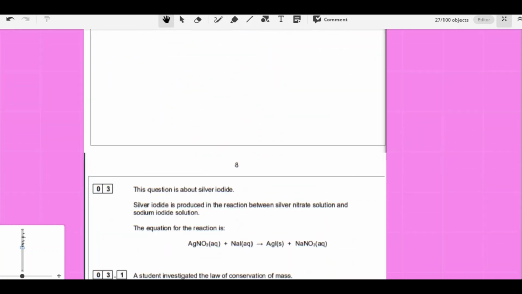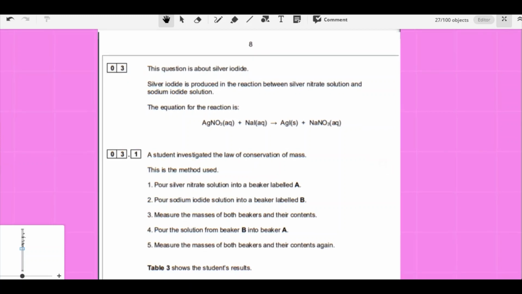Okay, now the next question, question number 3. This question is about silver iodide. You can see that silver iodide is the product. A double displacement reaction occurs between silver nitrate and sodium iodide, and the products are silver iodide and sodium nitrate.